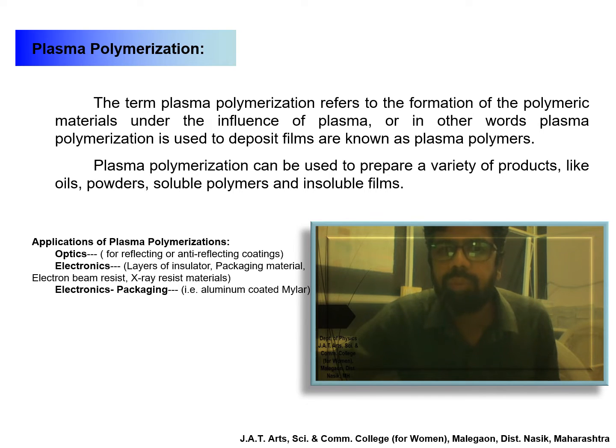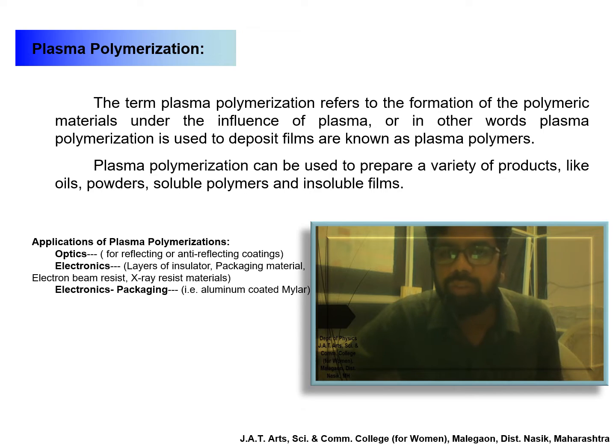We have some applications of the plasma polymerization system in different fields. In optics, we can make reflecting and anti-reflecting coatings on different objects.